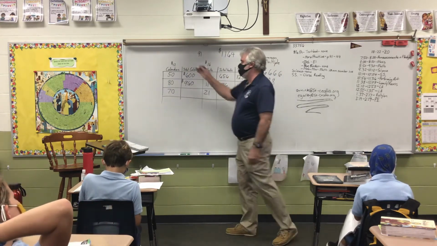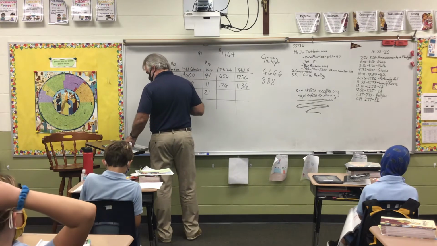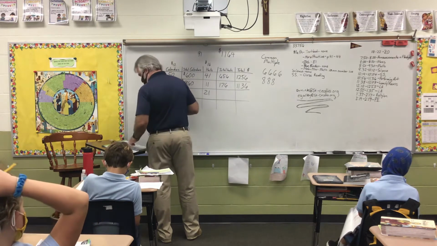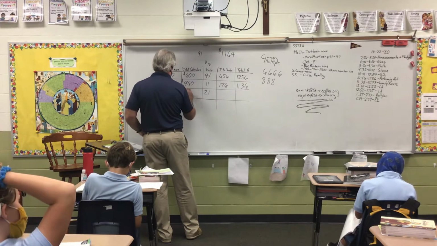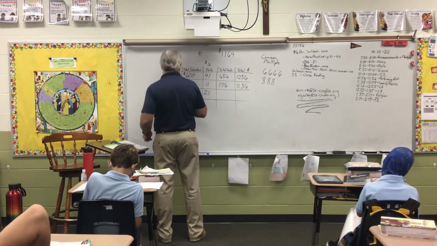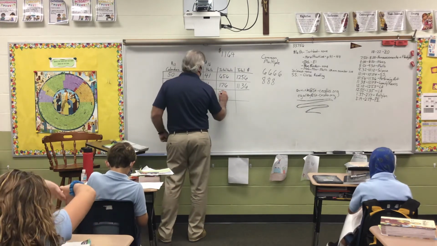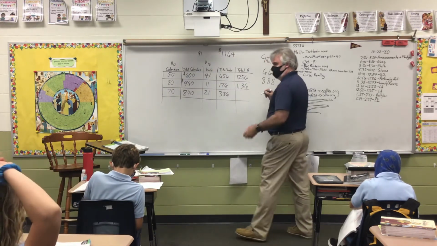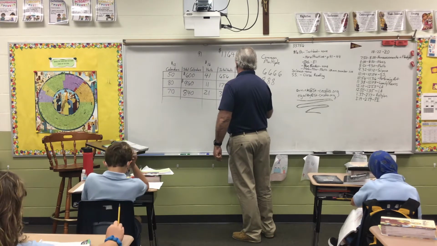So now 70 times 12 was 840. Well, I didn't even do both. And 21 times 16. And then when I add those together, 1,170.